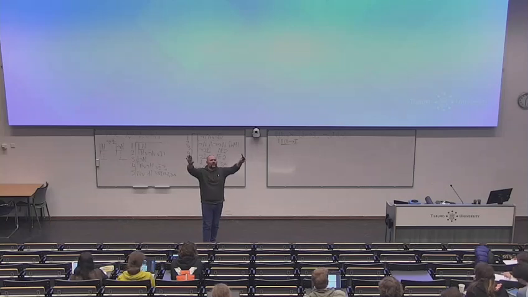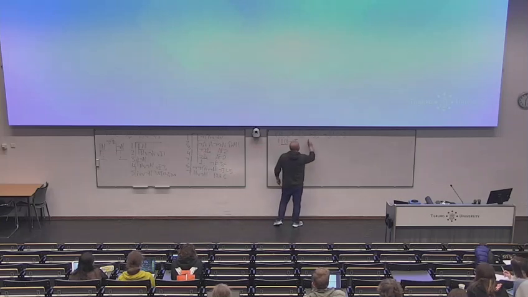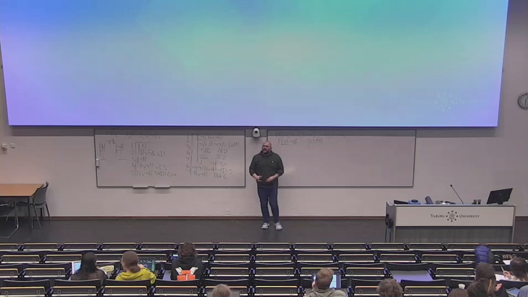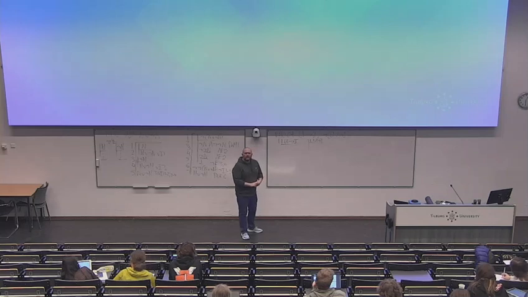Everybody with me so far? So if we started a subproof with U conjunction not I, so basically imagine this in here. If we started a subproof with this, is there any way that we could get to a contradiction? Well, here's the trick.